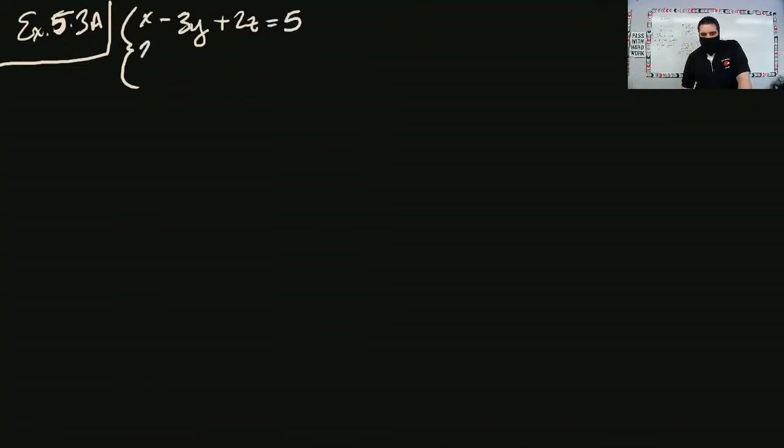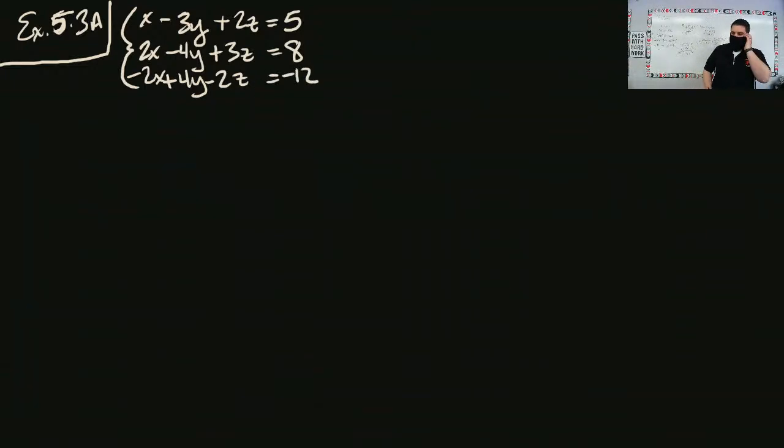And then I have 2x minus 4y plus 3z is equal to 8. And then I have negative 2x plus 4y minus 2z is equal to negative 12.